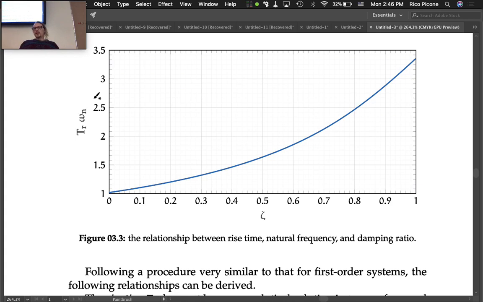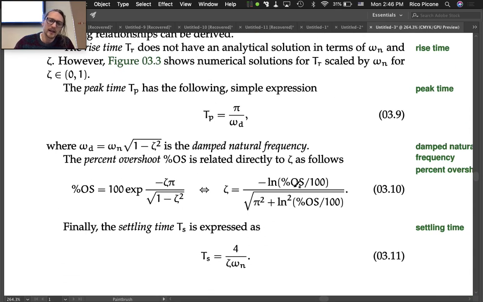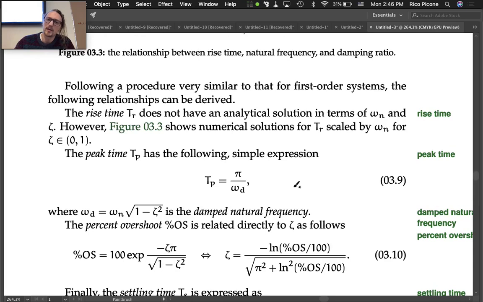There's also a numerical approach. I could probably give you guys a script too if you wanted to find the rise time given zeta and omega n. But this is probably as good as anything for that. Keep in mind that we'll usually be using this as an approximation anyway, so exactitude is not always important.